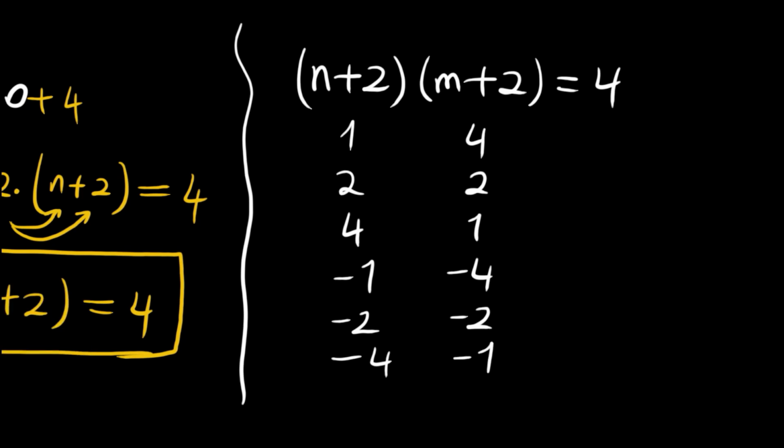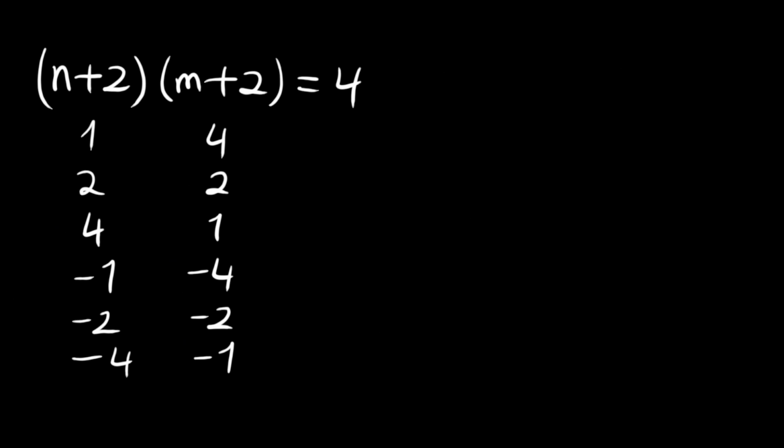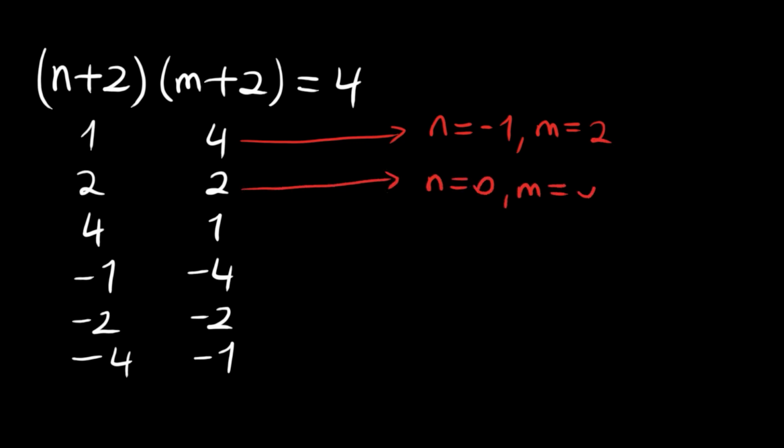Now let's write these solutions. Here n is equal to negative 1 and m is equal to 2. Here we have n is equal to 0 and m is equal to 0. Then n is equal to 2 and m is equal to negative 1.